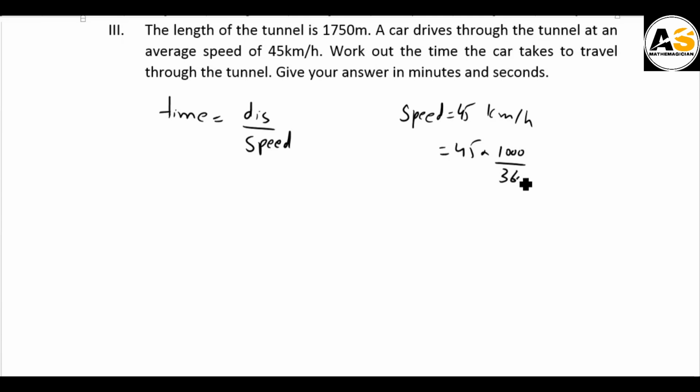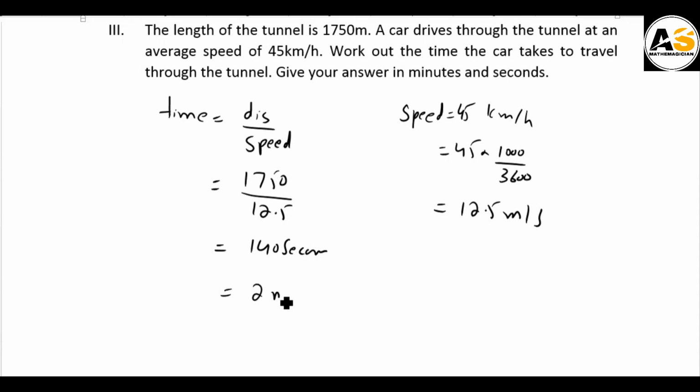You know how to do that. This will be 12.5 meter per second. Now time will be given by 1750 meters divided by 12.5 meter per second. When you use your calculator, you will get 140 seconds and you can convert it into 2 minutes and 20 seconds. I hope this is clear.